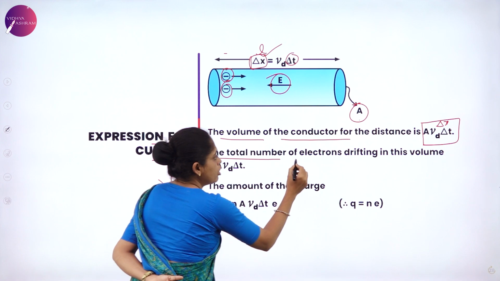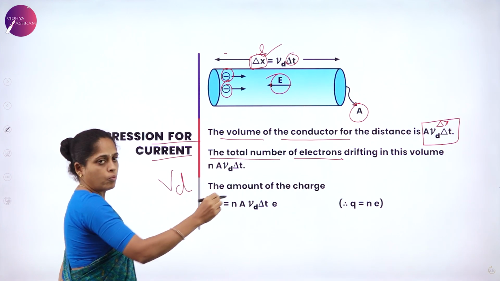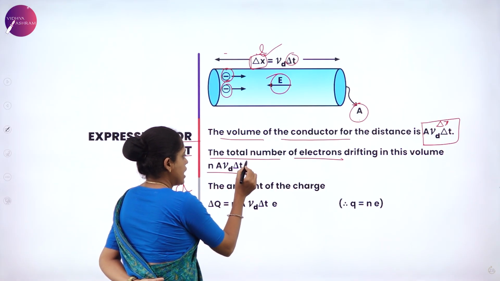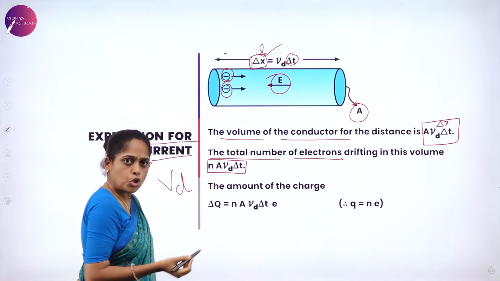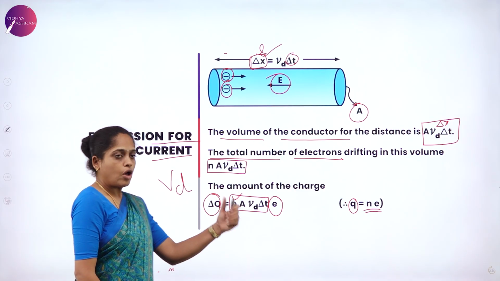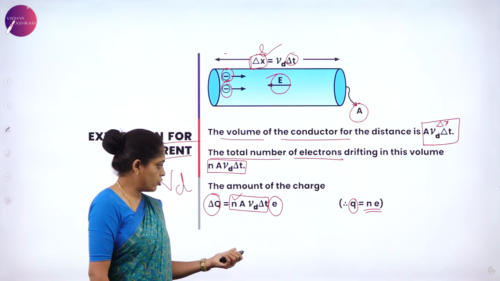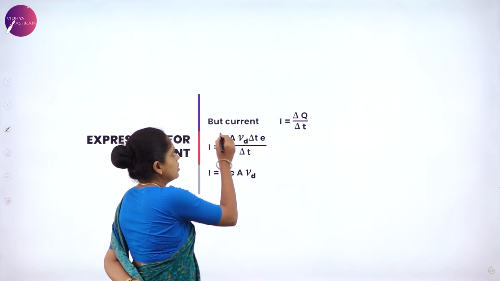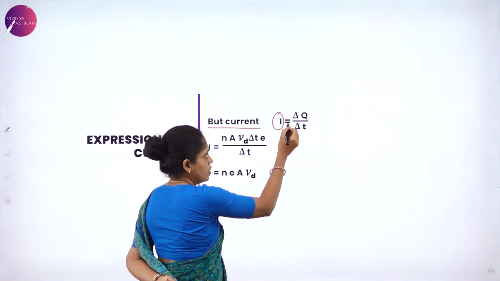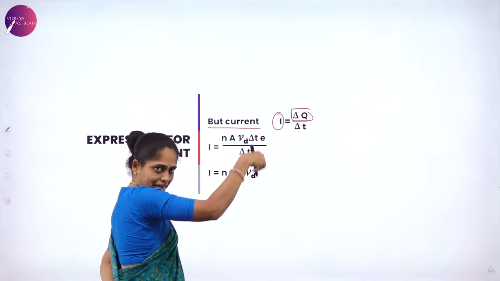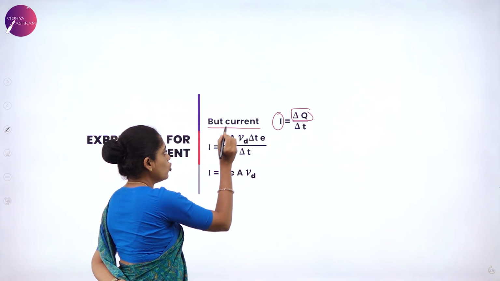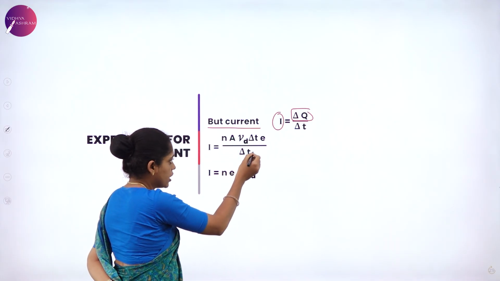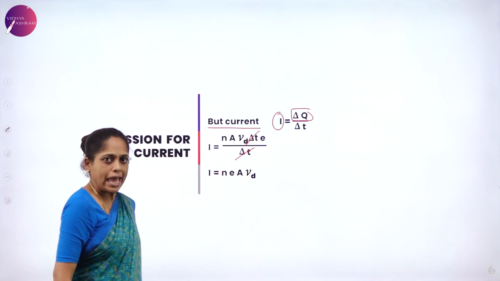Next, the total number of electrons in this volume is N A Vd delta t. So now you know the amount of charge transported. Calculate this charge with respect to time. Then the current I is equal to delta Q by delta t. Delta Q is N e A Vd delta t, divided by the time delta t, the delta t cancels.